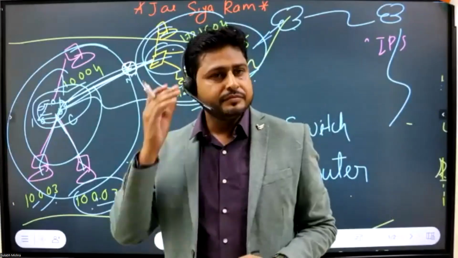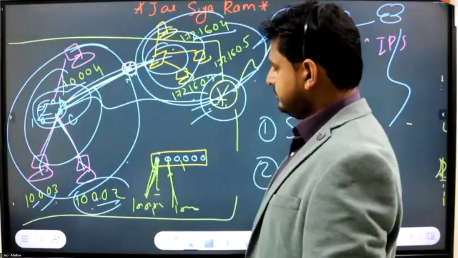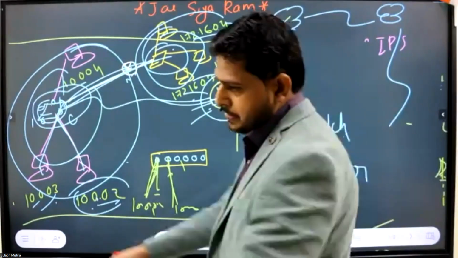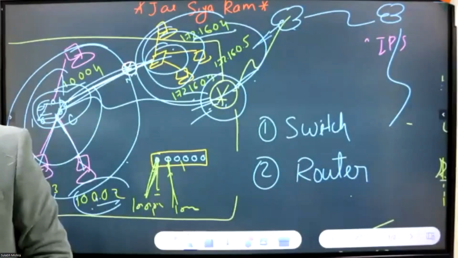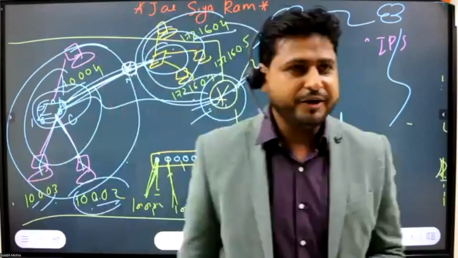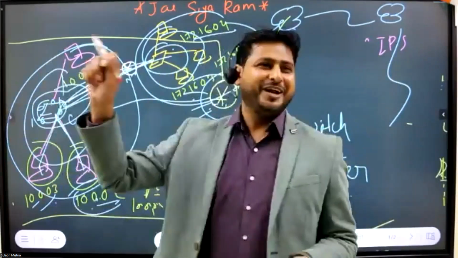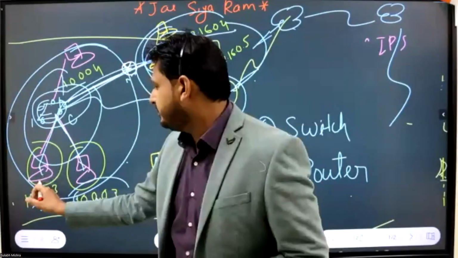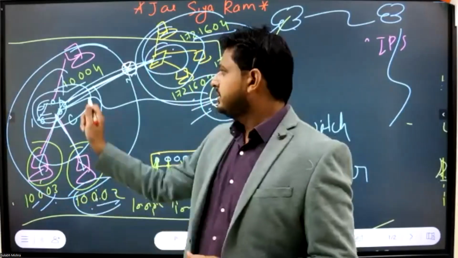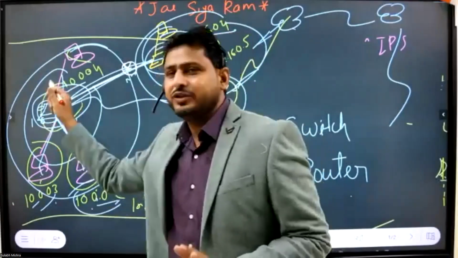Anybody? Sir, will the switch assign the IP address automatically, or do we need to assign the IPs manually? The switch is not going to assign the IP address, right? You are going to assign the IP address to your computer. If you think that this computer has this IP address, this computer has this IP address, and all are part of the same IP range, then deploy the switch.